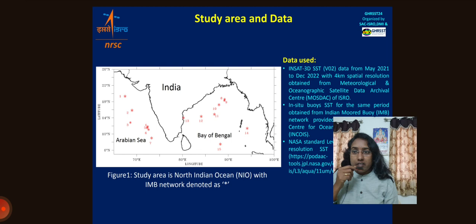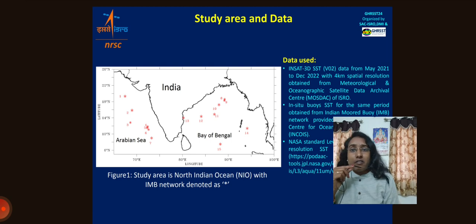The study area we consider is shown in this figure. Here the red stars denote the buoy locations we considered. Around 15 buoy locations were considered. INSAT-3D SST data is taken from the MOSDAC site of ISRO, and in-situ observations are taken from Indian Moored Buoy Network, and NASA standard level 4 km SST product has been taken from the NASA site.